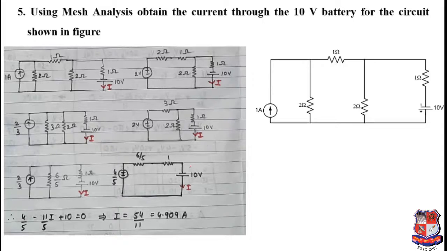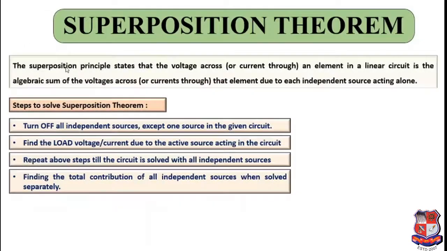Superposition we will be studying, but other than that, if you have any doubt about KCL, KVL, node analysis, or source transformation, those types of circuits can now be solved by the examples I have explained. In the next topic we will be studying the superposition theorem.